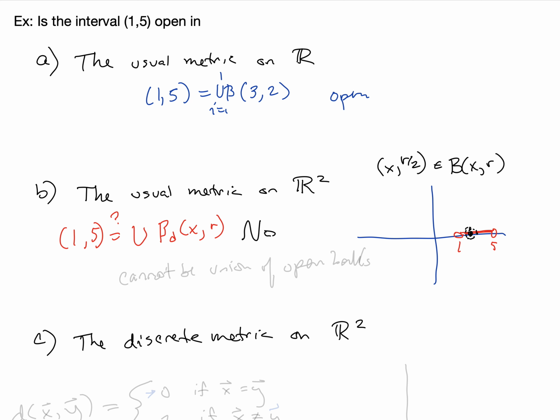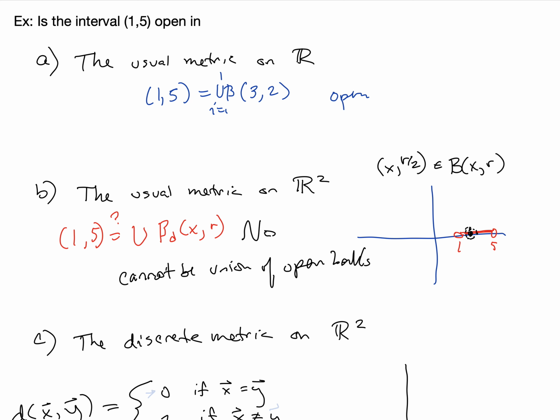So no, this is not an open set in R squared with the usual metric, because this cannot be a union of open balls in this metric space.